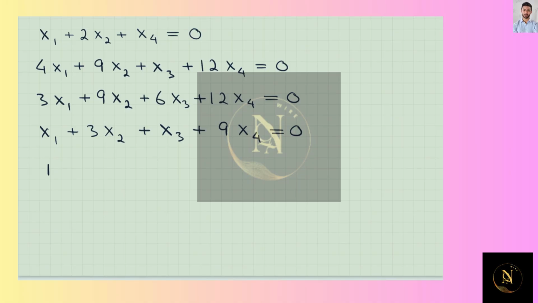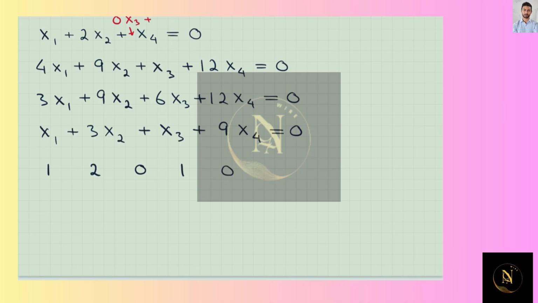Welcome to qnawire. In this question, we are asked to solve the given system of linear equations. To do that, we first need to create its augmented matrix. Its augmented matrix consists of the coefficients in front of x1, x2, x3, and x4, and the last column of the augmented matrix is the right-hand side. So the first row is going to be 1, 2. Note that there is no x3 in the first equation, and this means that we will place 0 for x3, because it basically corresponds to 0x3 in this position. And 1 and 0. This is the first row.